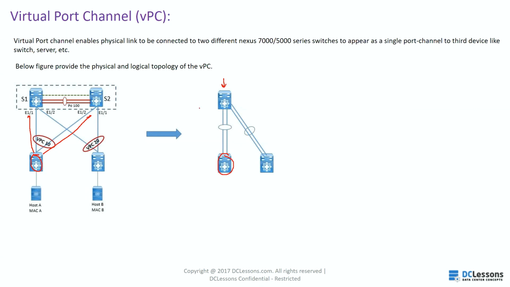A VPC port channel enables a physical link to be connected to two different Nexus 7K or 5K series switches to appear as a single port channel to the third device.